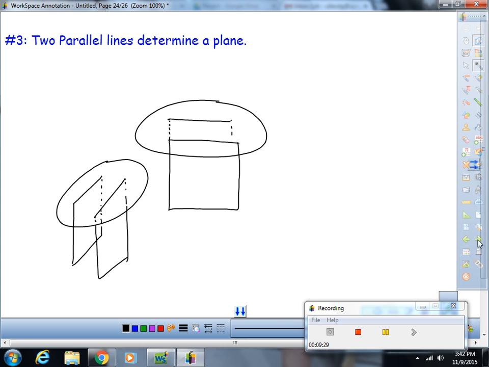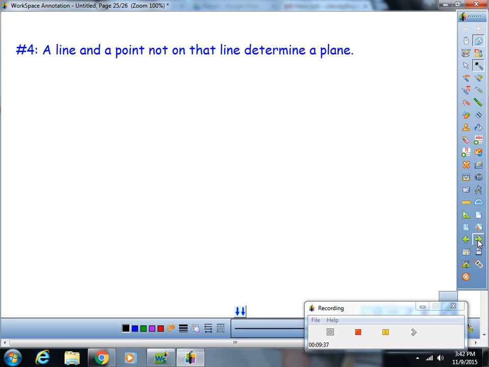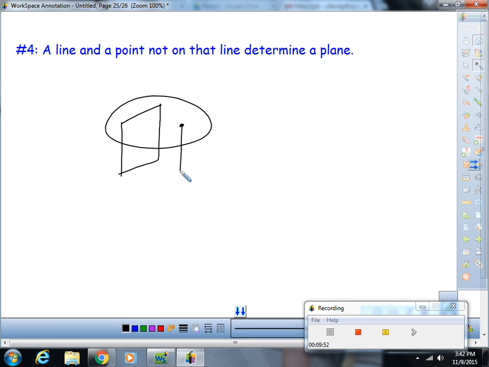Okay, and then finally, the 4th way to determine a plane is a point and a line not on that plane. So if we had a similar table and we had a line holding it up, if we also just had a point being held up by a stick, okay, that table would be in place, because once again you've got a flat surface defined by a line and a point.